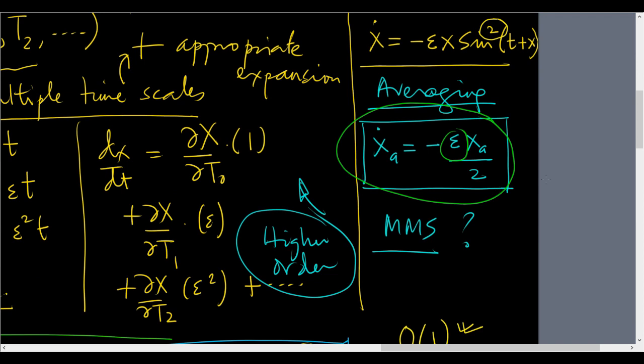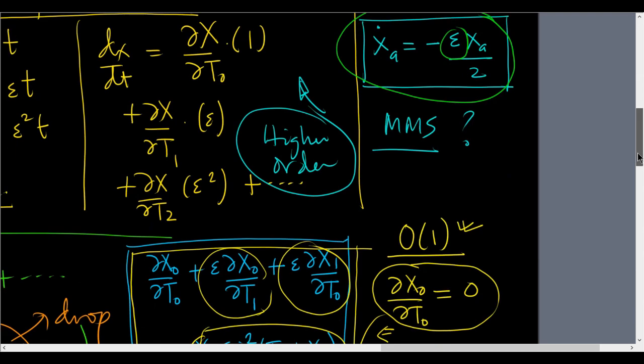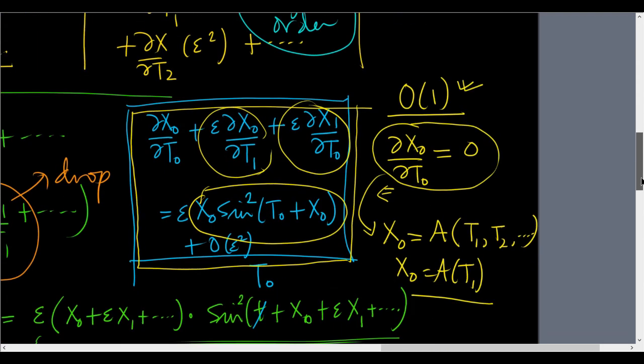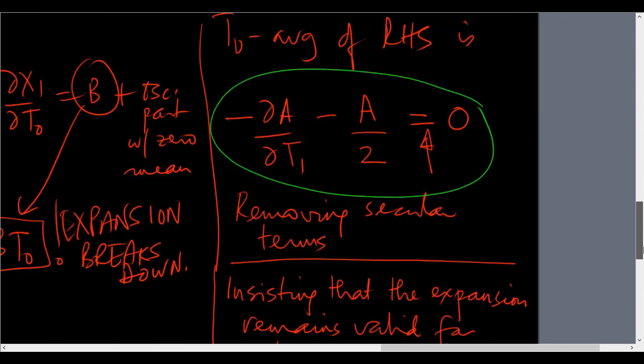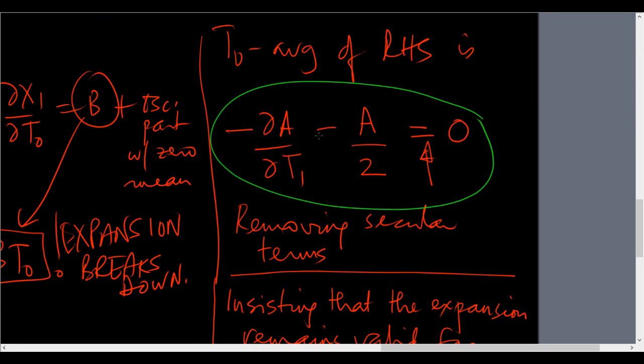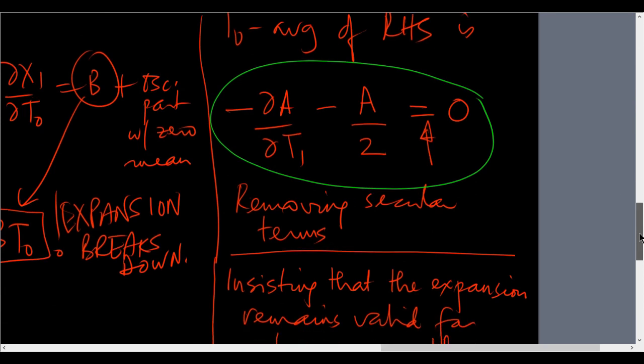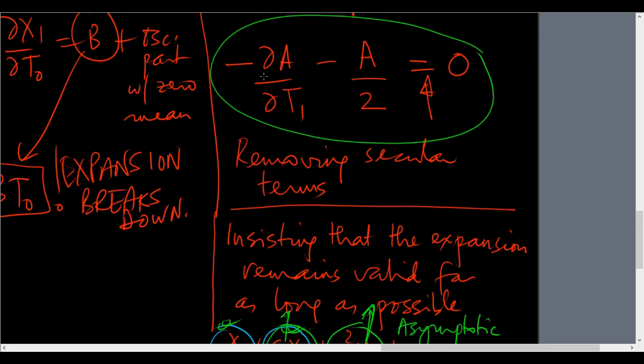I think I have made a mistake in sign also. This was a minus. So let me see now. No, that's okay. So the sign is fine. Just a very small final step. Take this over. So we have del A del t1 is equal to minus A by 2.